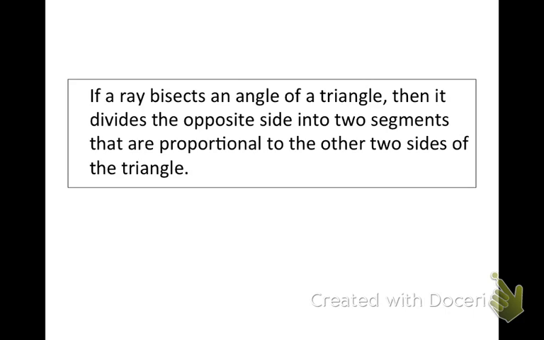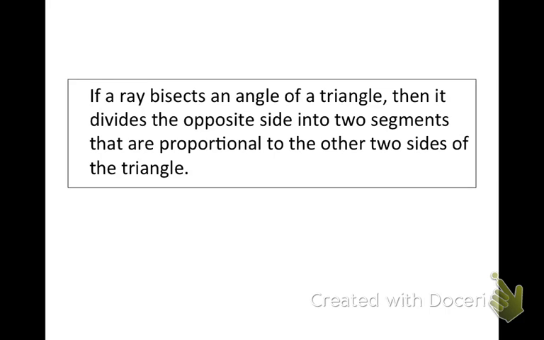So if a line is an angle bisector, then it creates two congruent angles, meaning the angles are being split in half. So when we have an angle bisector, we're going to again get proportional parts, and we are going to write it as you see it.